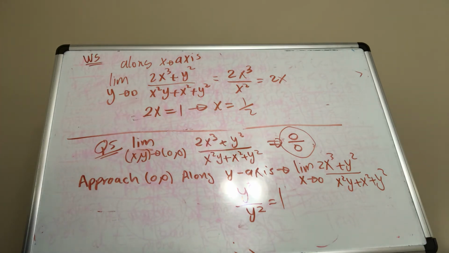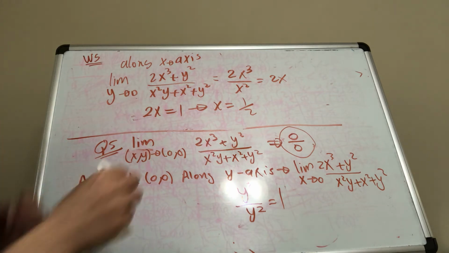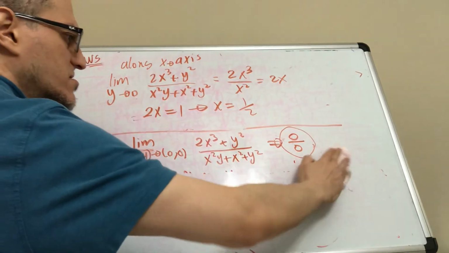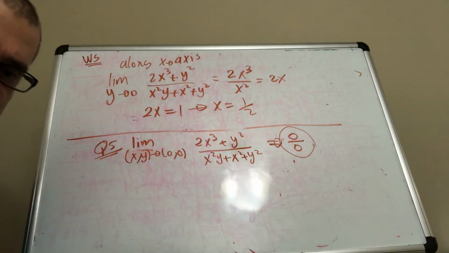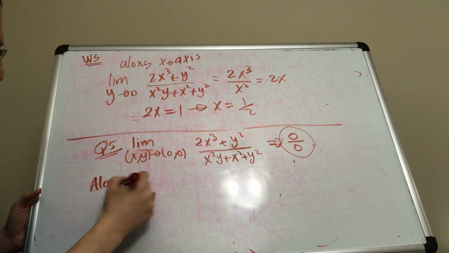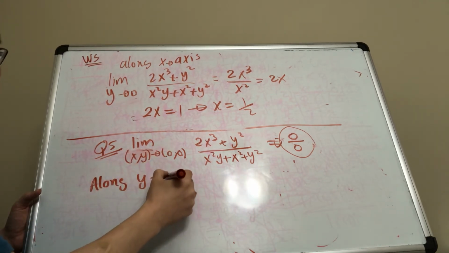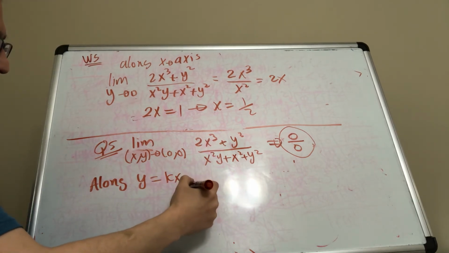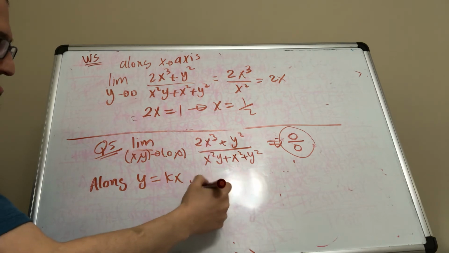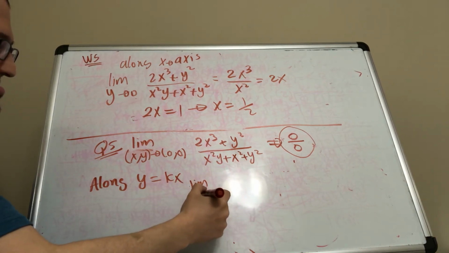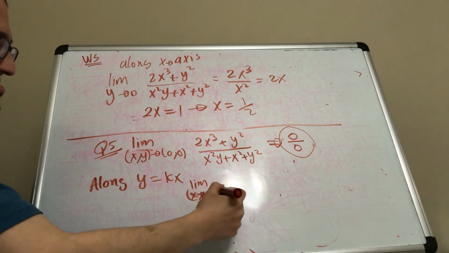Now you can try different methods to find the answer. You can also show along y equals kx, if you like. So it would be the limit as x and y go to 0, 0.